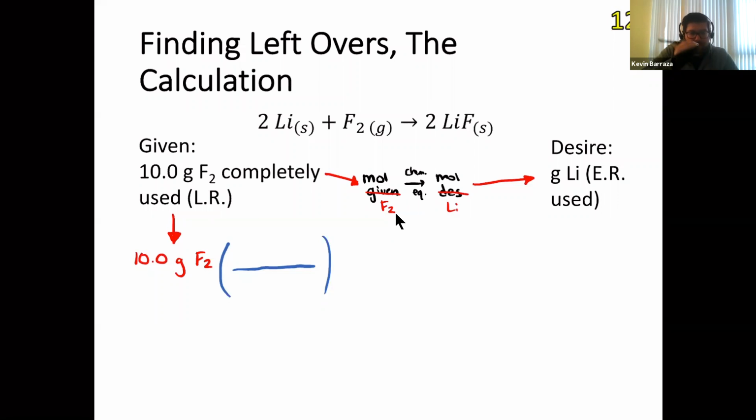So if we look at our periodic table to find fluorine, by now you should be getting good at finding these elements on the periodic table. So fluorine has a molar mass of 19. So F2 is going to be 38.00 grams per mole of F2. So grams of F2 per mole of F2.